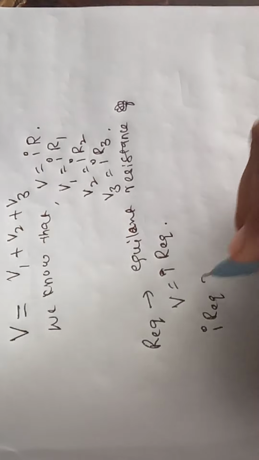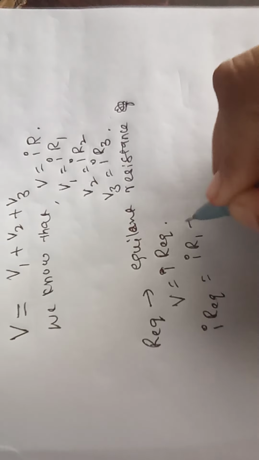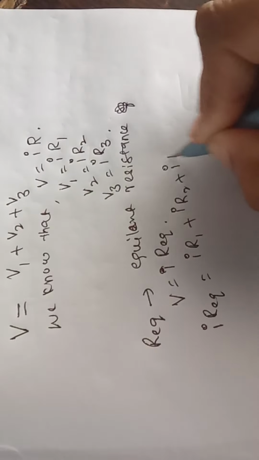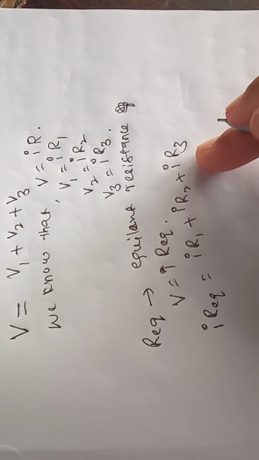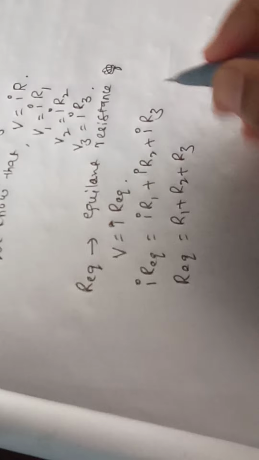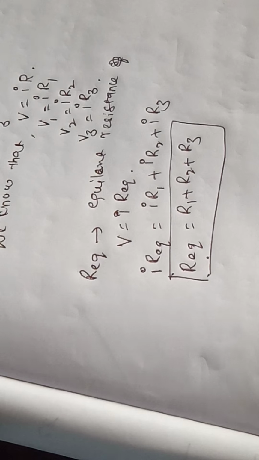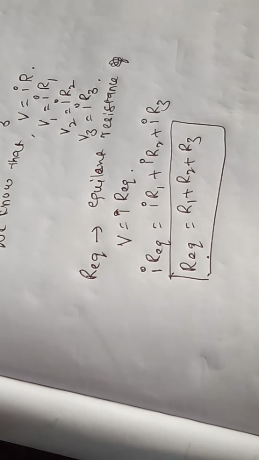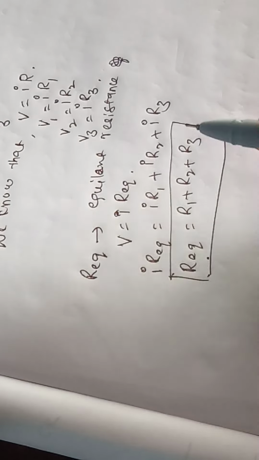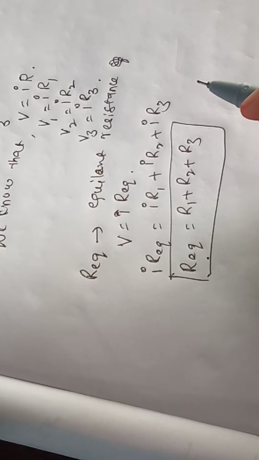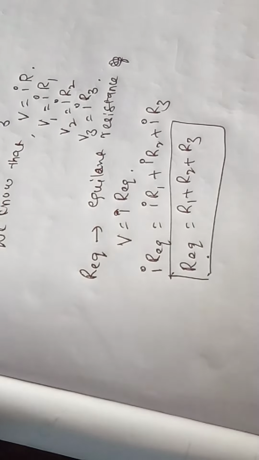Now substituting these values, I R equivalent equals I R1 plus I R2 plus I R3. I comes out common, we can strike it off, so we get R equivalent equals R1 plus R2 plus R3. So this is the resistance value when resistors are connected in series.